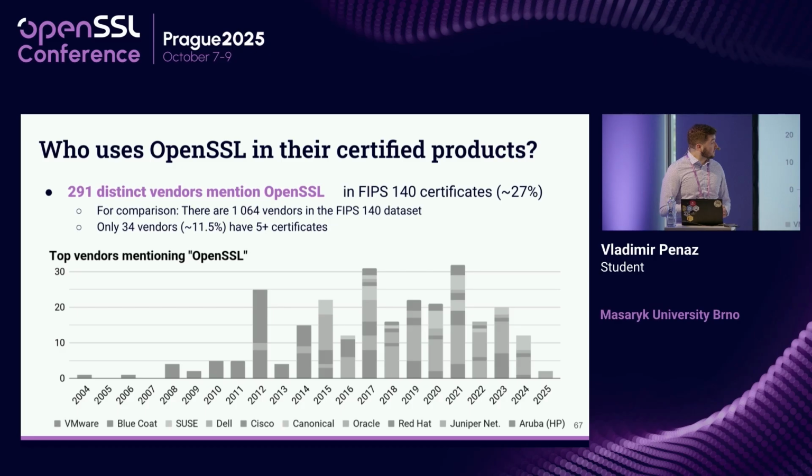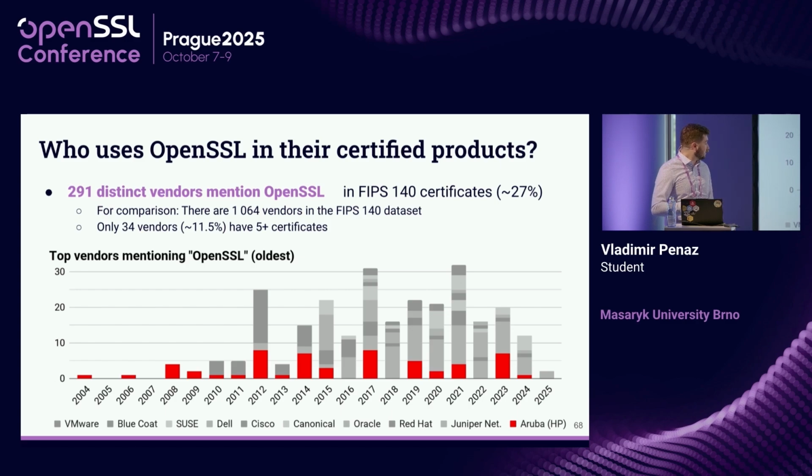With the plot of all companies, we can watch some trends. The oldest vendor mentioning OpenSSL is Aruba. We can see that it's been using OpenSSL in certificates since 2004, and it's using it until now. In 2025, it hasn't used it yet, but that can change anytime.